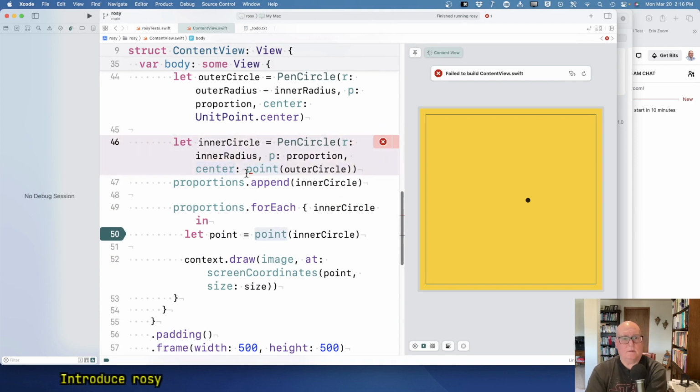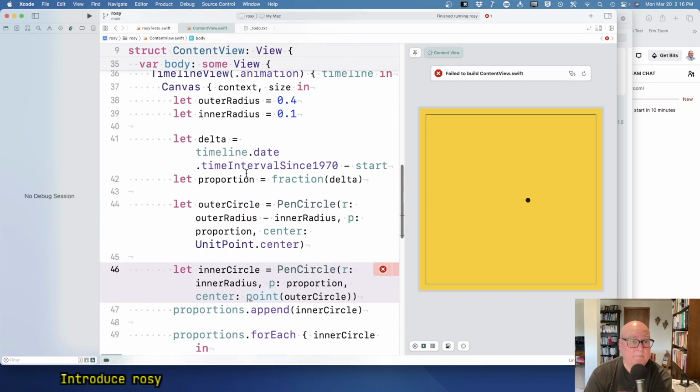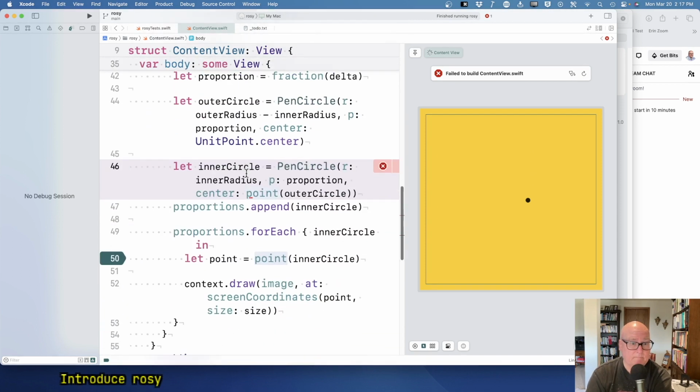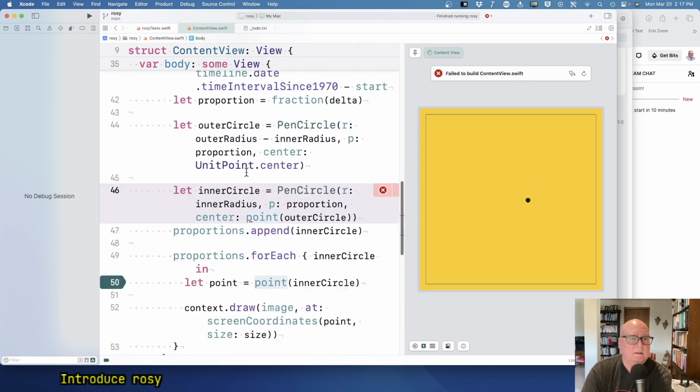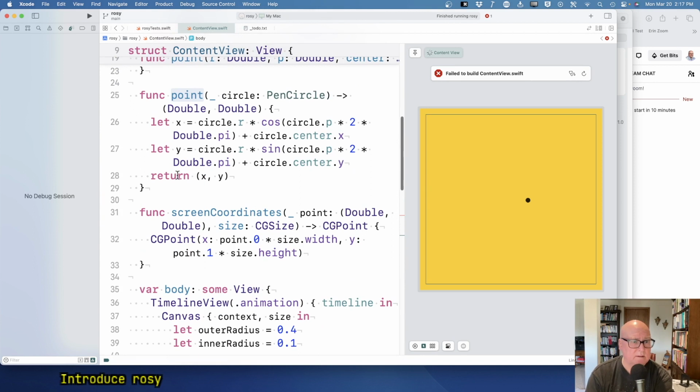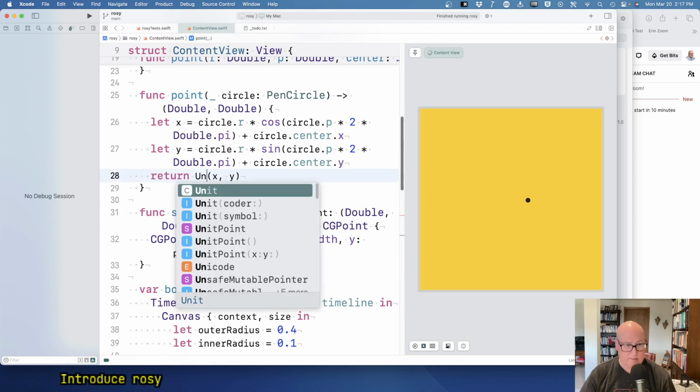Center was a unit point. Oh dear. Let's convert this to a unit point.